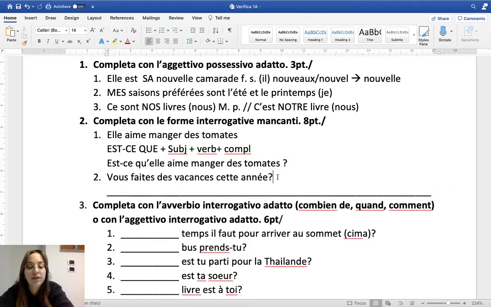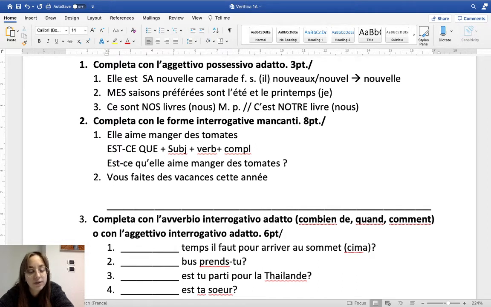So we have here in phrase number 2 another example. Vous faites des vacances cette année. You have holidays this year. We know that the first way of putting this sentence in a question form is to add a question mark. But we want to try to use est-ce que.